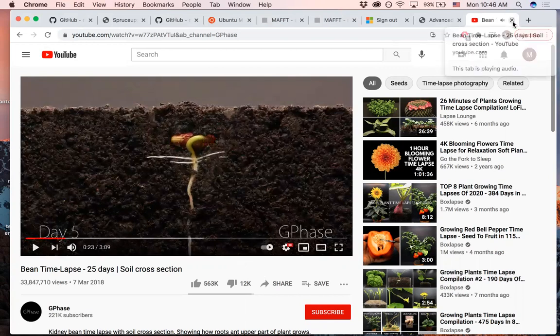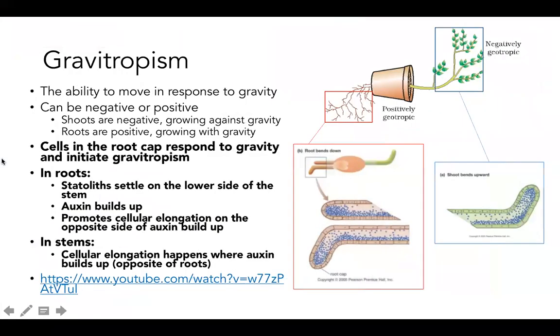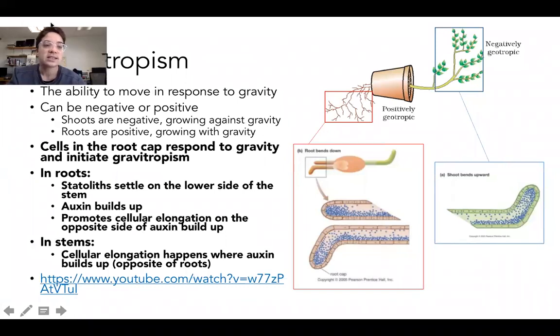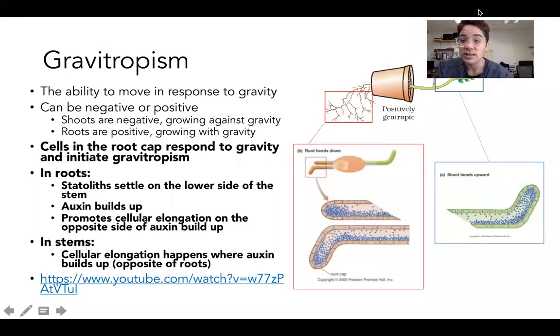In the third experiment that you will be doing, we're going to be cutting off parts of the root cap to see what happens and if the roots can sense gravity after you mess with the root cap.